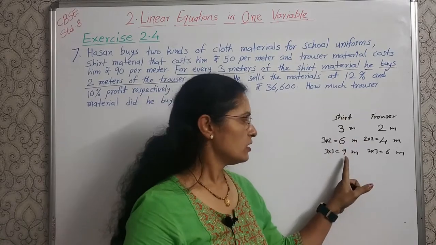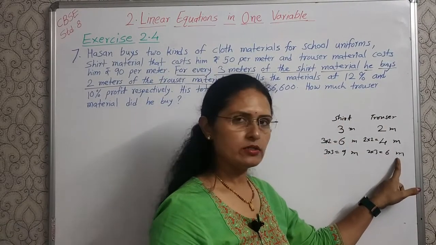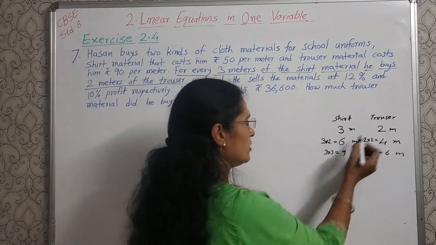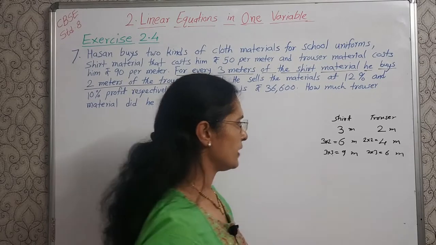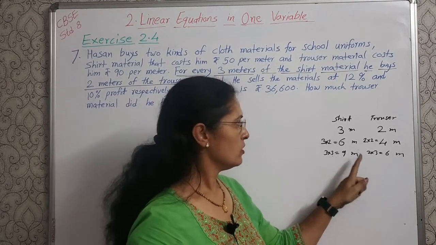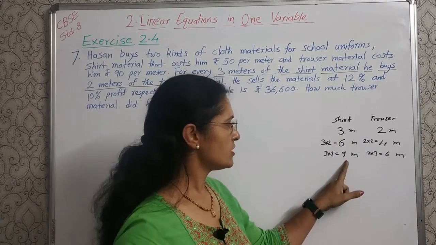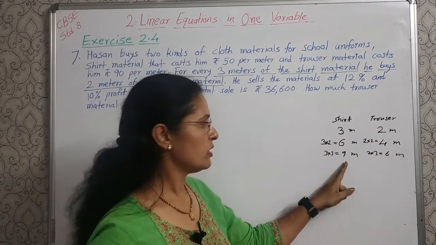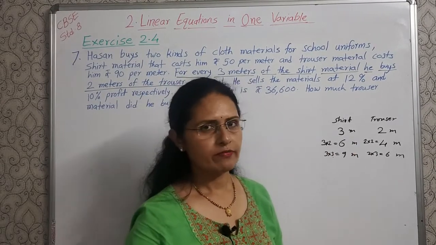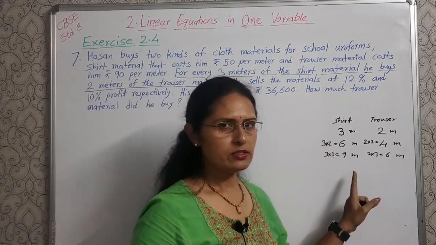So if he buys 9 meters of shirt material, then he will buy 6 meters of trouser material. So it means here and here 3 is multiplied. It means there is a common multiple for this 3 and for this 2. We don't know what that common multiple is. It can be 2, 2, it can be 3, 3, even it can be 5, 5. So we'll consider that common multiple as x.